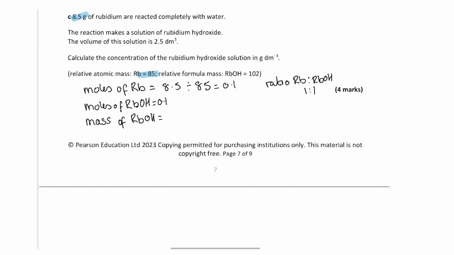So we can go back and look at our question, being told what we've been given. We've been given the MR. We've already calculated the moles. So now we can work out the mass of rubidium hydroxide, 10.2 grams. Now, hopefully most of you will be able to get this first mark, just go to the moles.